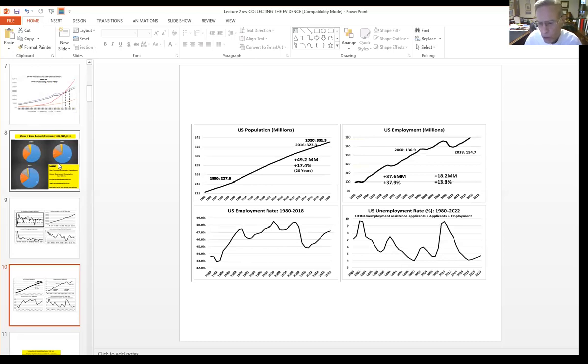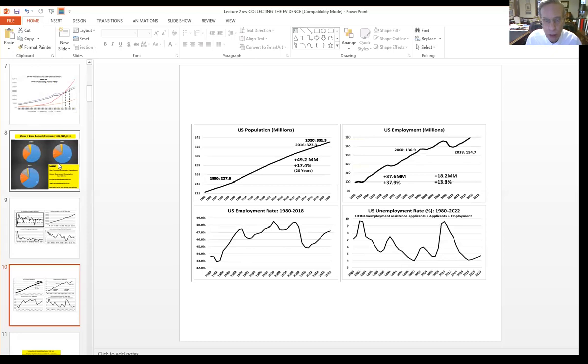And here again, you can see just how cyclical the unemployment rate is. However, look out, there's a problem with this ratio. The unemployment rate is calculated by dividing the number of people who apply for unemployment insurance. It used to be that they showed up at the unemployment window, the local government office.